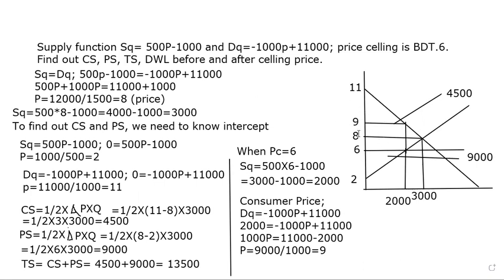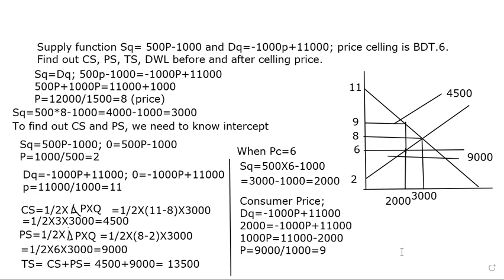They will pay taka 9, and the maximum price charged can be lower in this situation. So the intercept price will be lower, and the intercept price is 6.